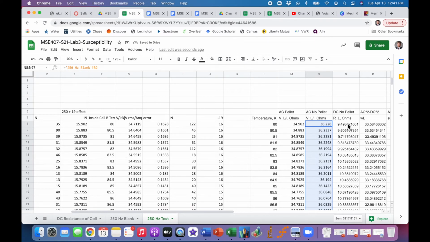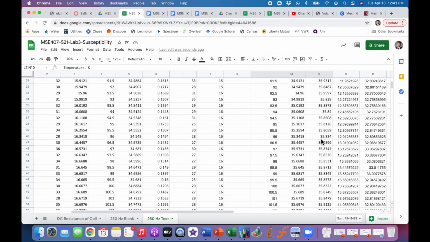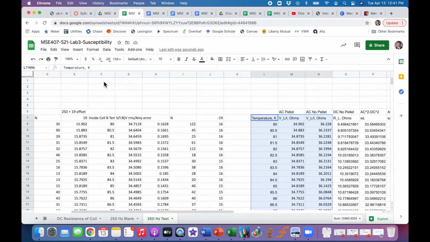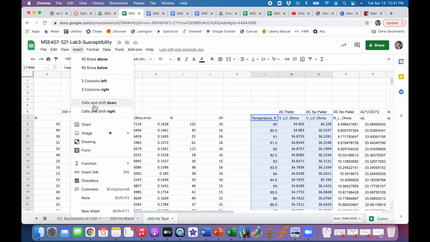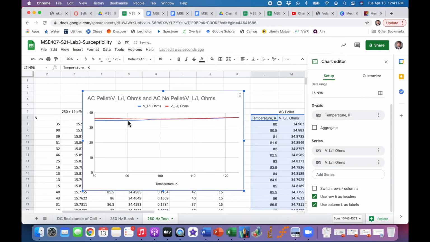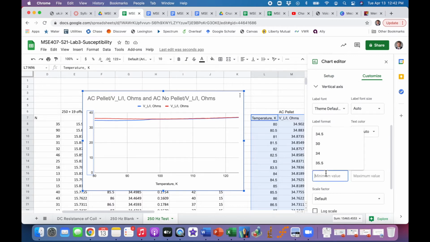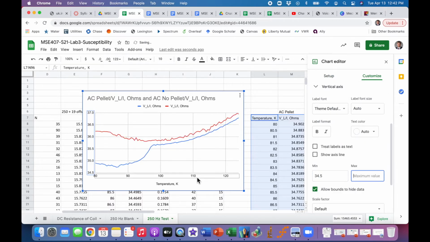All right. And then I can also plot the DC for that, but I'm just going to look at these two AC ones real quick. All right, and then we need to change this again so we can get a better picture of it.